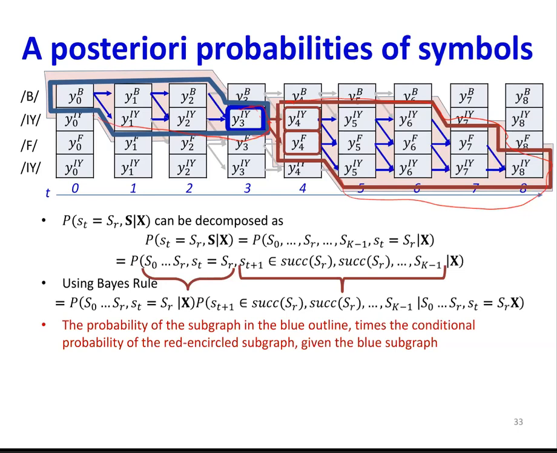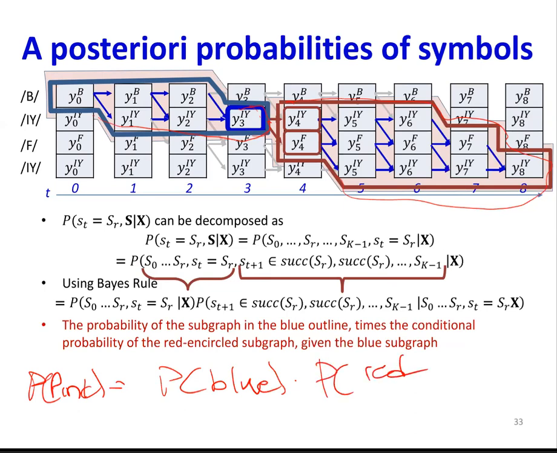Now, if I want to write the math, I will have to say the probability of the pink graph is going to be the probability of the left region, which I'll call the blue graph, times the probability of the red graph, which is the region to the right, given the blue graph, because this pink graph is red, comma blue. Is this equation making sense, guys?